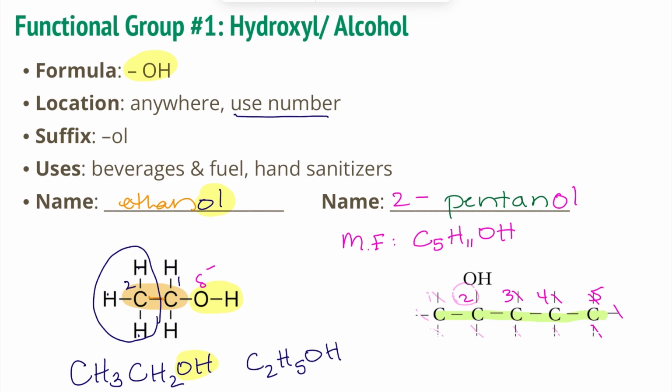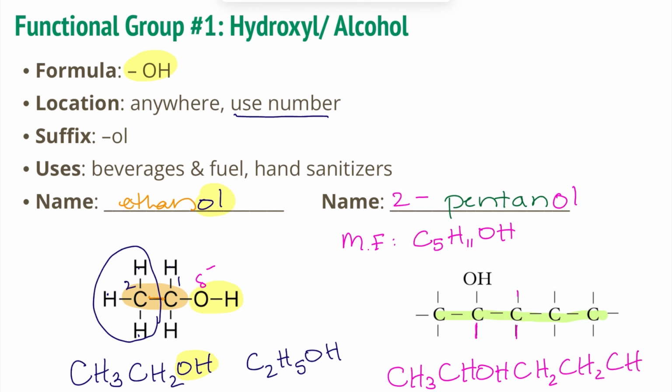The condensed formula, which again shows the structure of our atoms, is going to be CH3, then CH for this one here, then that OH, and then I have my CH2, CH2, CH3. You could always group those together in parentheses and say you have 2 of that grouping.